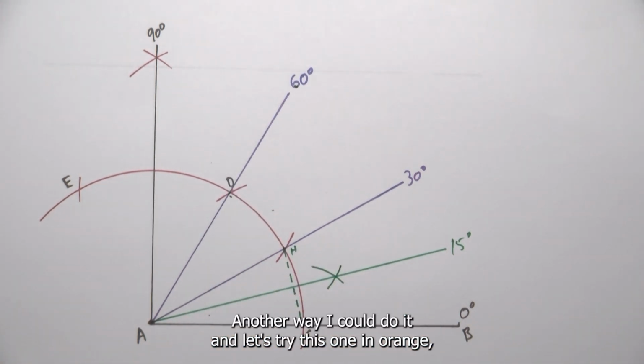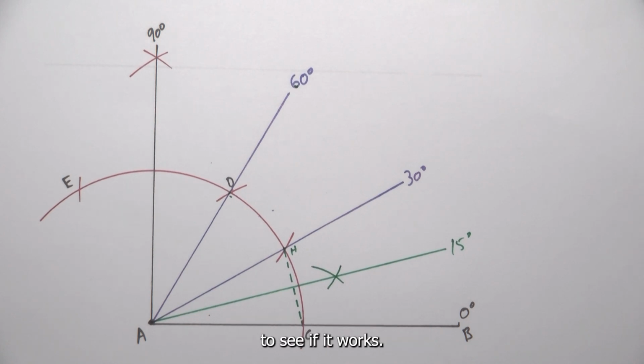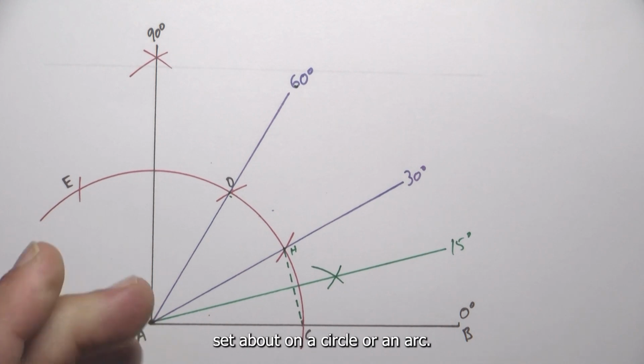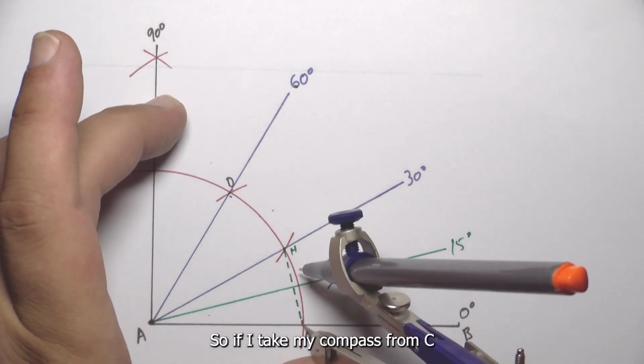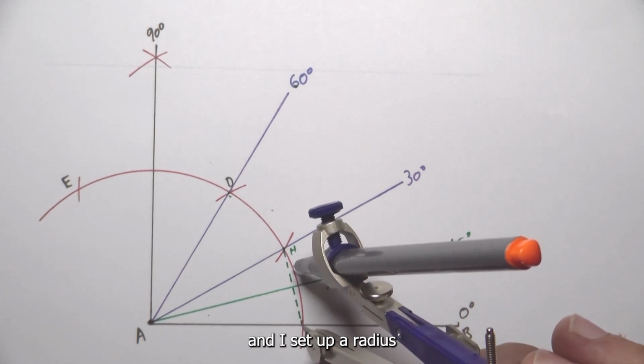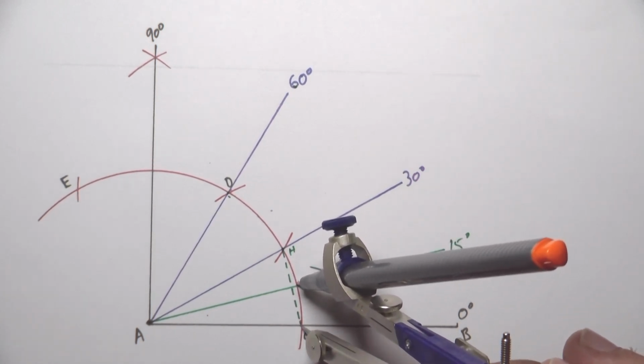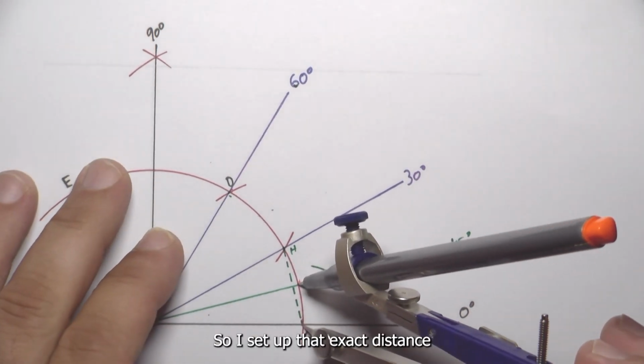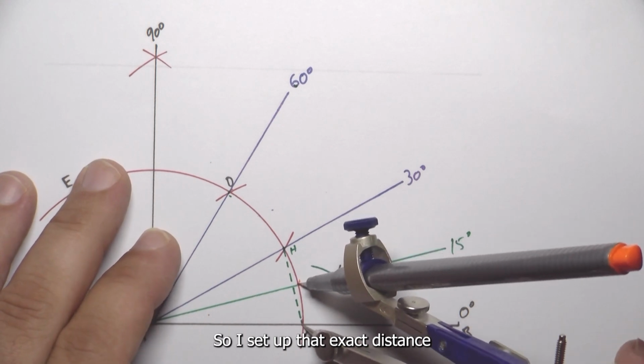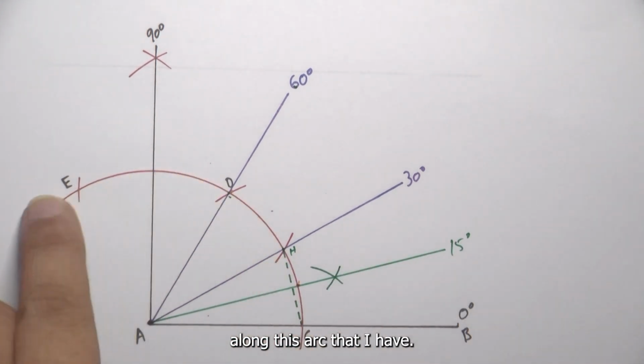Another way I can do it, I'm going to try this one in orange, see if it works. Another way I could do this is I already have a 15-degree angle set about on a circle or an arc. So if I take my compass from C and I set up a radius to that 15 degrees, so I set up that exact distance along this arc that I have.